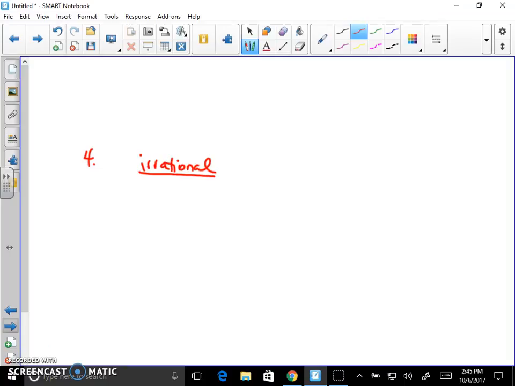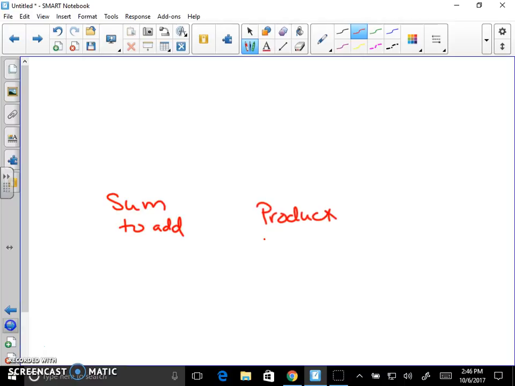Now we're on number 4. Number 4, they gave you like 4 examples that you could use, and if you use those examples would help you solve this answer. So it's saying the sum or product. So sum is to add, and product is to multiply. So they're saying when I take, let's look at the sum one first.